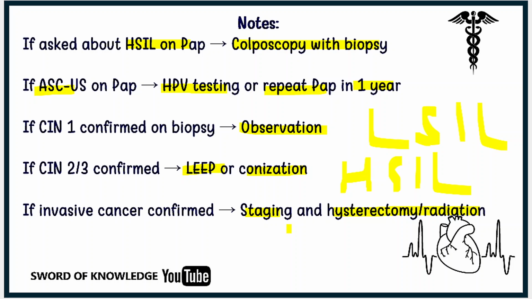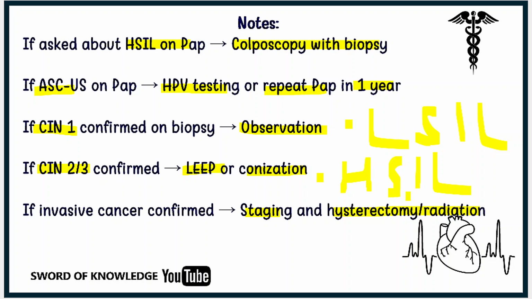Lastly, I am going to summarize things. We have a patient. We ask the patient to do the Pap smear. This is a routinely done test. In the Pap smear, we have three results: normal, LSIL, which is equal to CIN 1, or HSIL, which is equal to CIN 2 or 3, and CIN 3 is also included in HSIL.